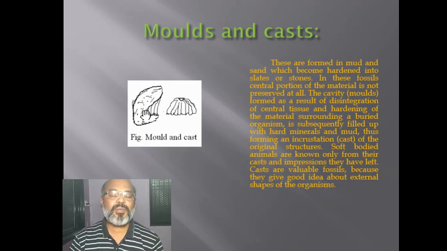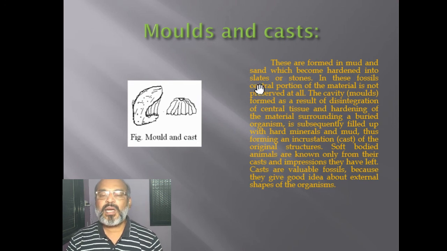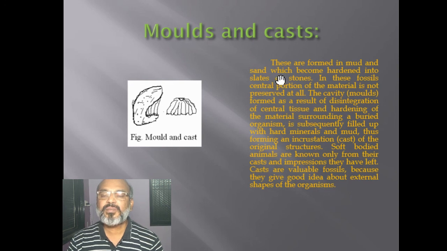Now, the third type: molds and casts. Molds and casts are formed in mud and sand, which become hardened into slates or stones.